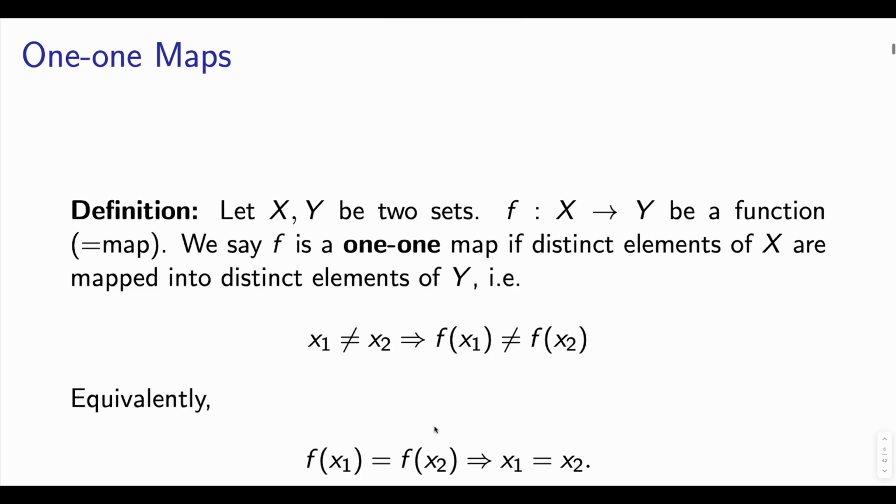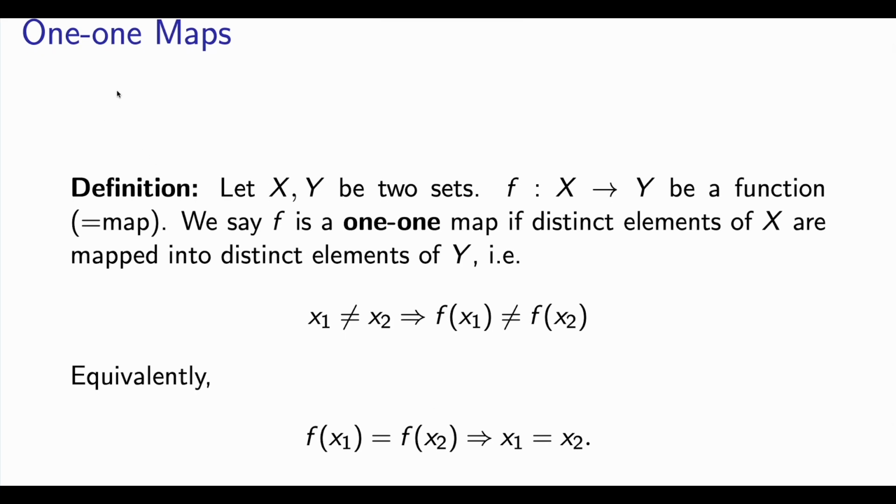Now let us see one more definition. 1-1 map. Let X and Y be two sets, and F a function from X to Y, right? Function or map, you can say.